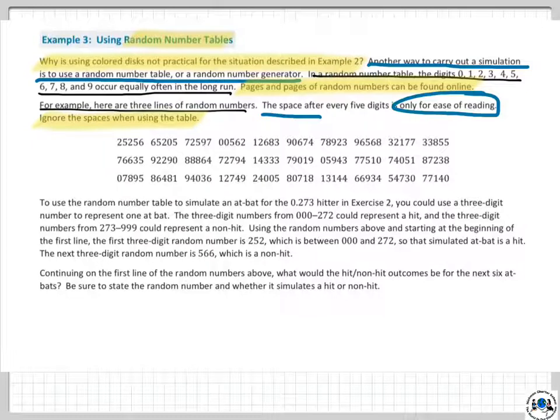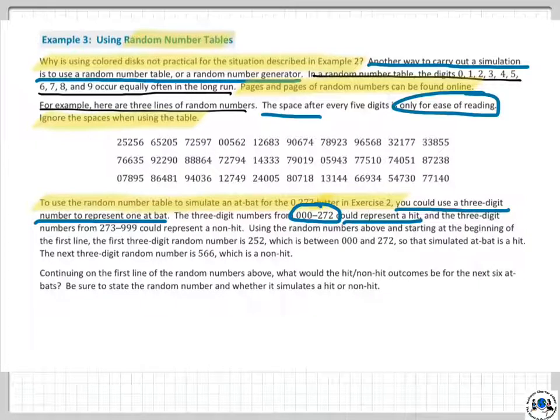Now to use the random number table to simulate an at-bat for the .273 hitter in exercise 2, you could use a 3-digit number to represent one at-bat. The 3-digit numbers from 000 to 272 could represent a hit, and the 3-digit numbers from 273 to 999 could represent a non-hit.